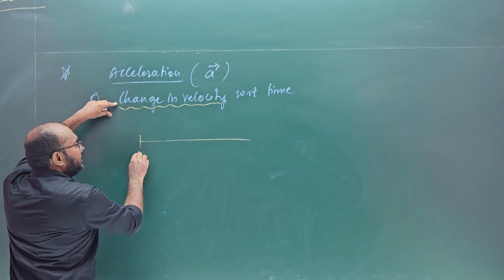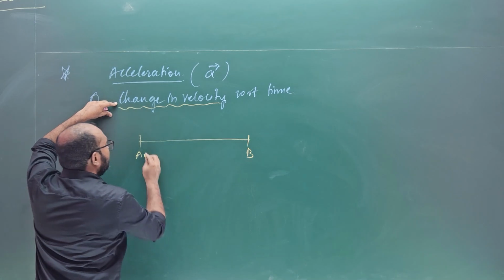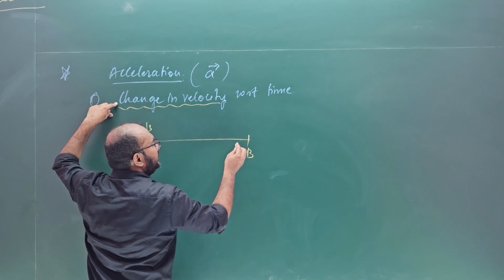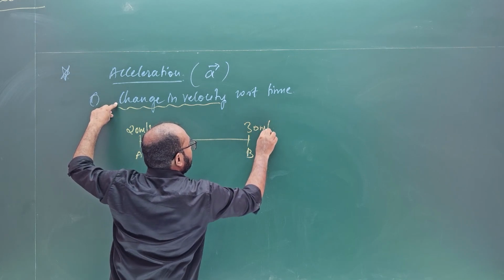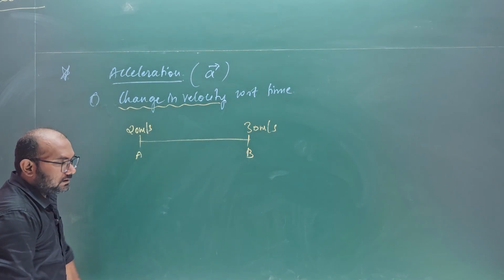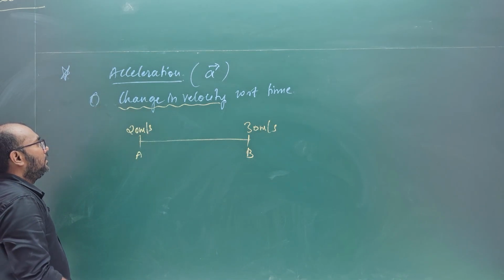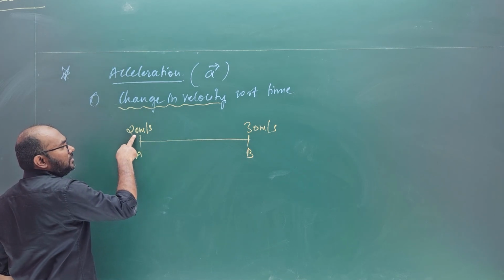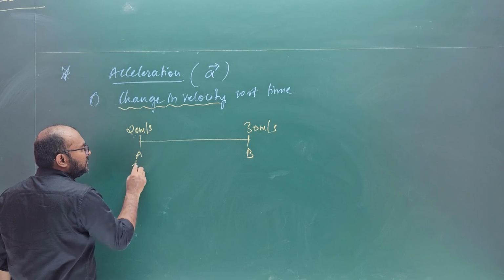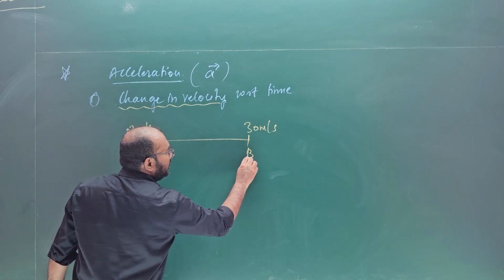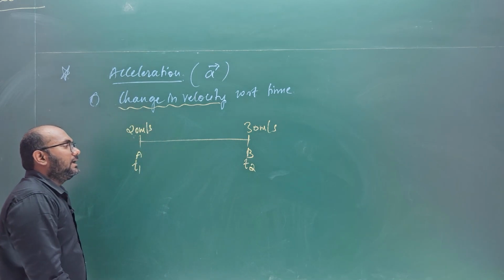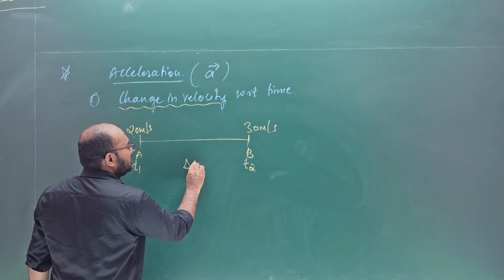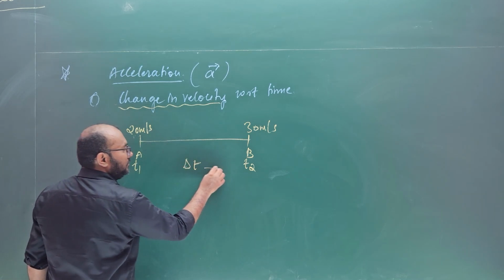For example, at point A the velocity is 20 meter per second, and at point B the velocity is 30 meter per second. Whatever the distance, whatever the time it is taking, final velocity is 30 meter per second, initial velocity is 20. Let it take time t1 at this point, and it reaches point B at t2. Can I say this is delta t, from A to B?